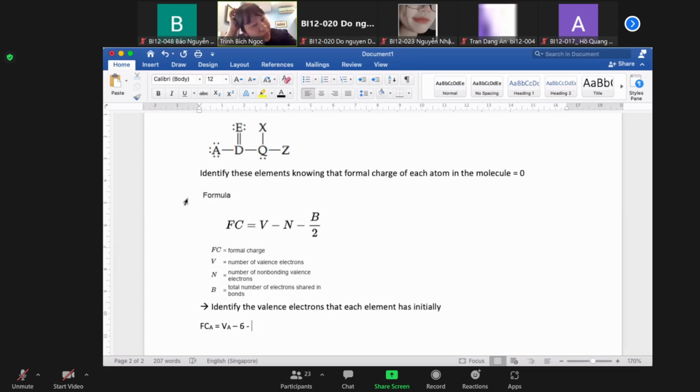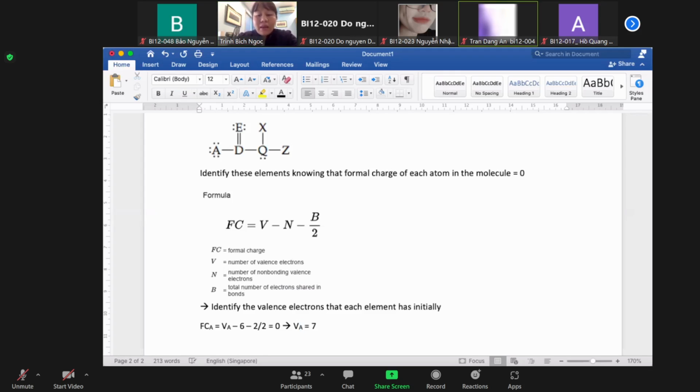There are 2 electrons in the bond, divided by 2, and the formal charge will be equal to 0. And then you can deduce that the initial valence electrons of A will be 7.